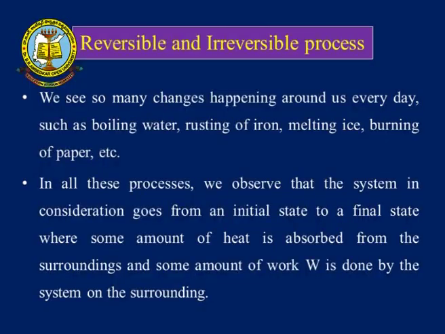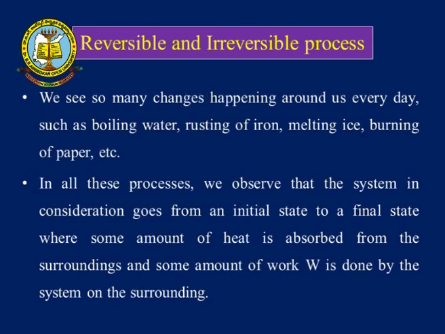Next, we will move to what is a reversible process and an irreversible process. We should know what these are. In our daily life, many things happen which we observe, for example the boiling of water, the rusting of iron, the melting of ice, and the burning of paper.